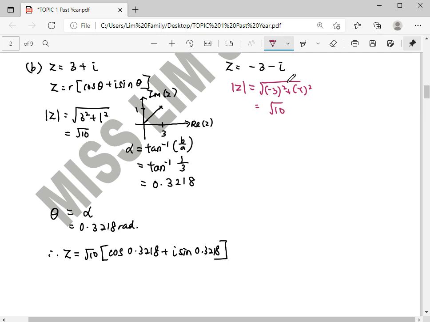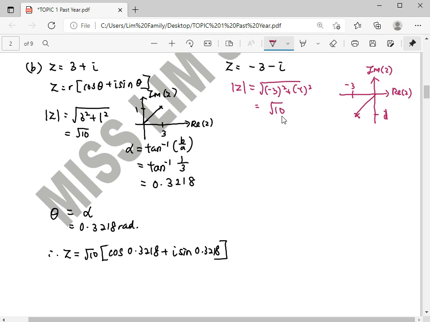Negative 3 square, negative 1 square, okay, square root of 10. Okay, so I want to find the polar form. First step, I draw the Argand diagram first. Di manakah ini letak negative 3, negative i. So dia dekat sini. Imaginary part, negative 3 at left hand side, negative 1 at the bottom here. So this complex number is in quadrant 3.